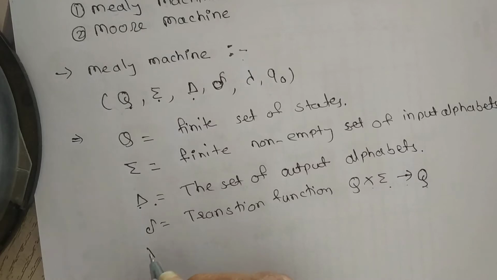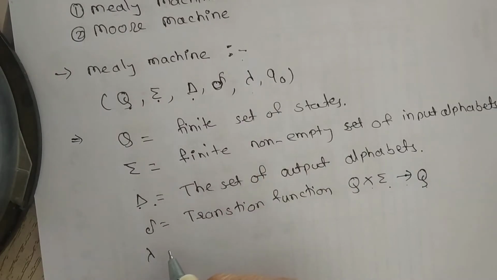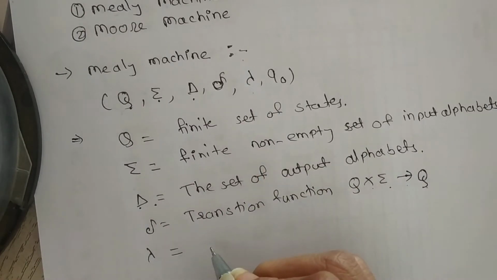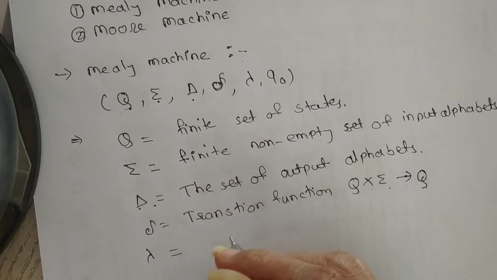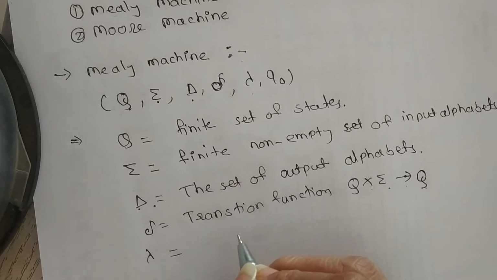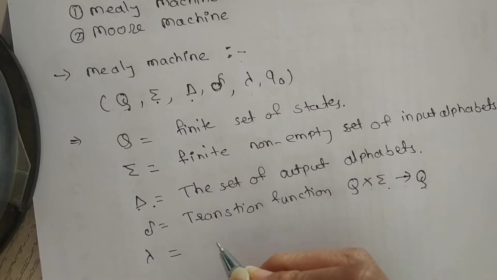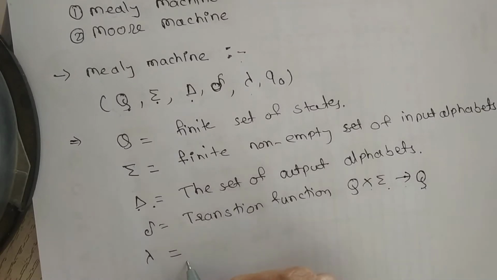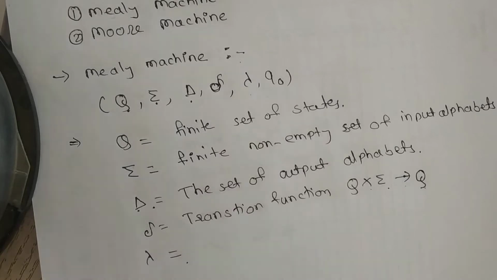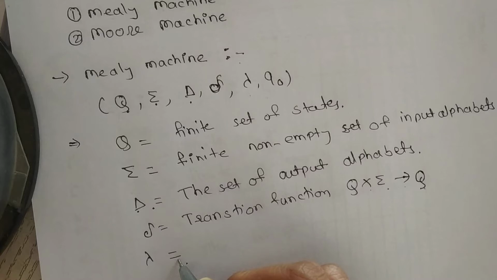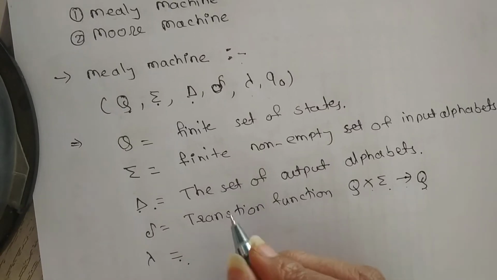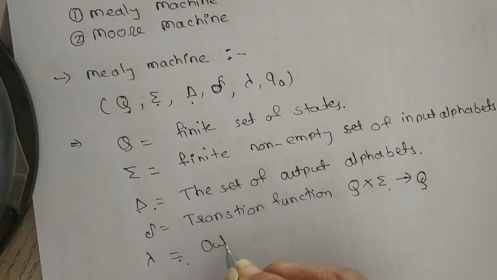Now next one is our lambda. Lambda is something different. This lambda is the output function that maps sigma cross Q to del. Let's first write it here, then I will explain.